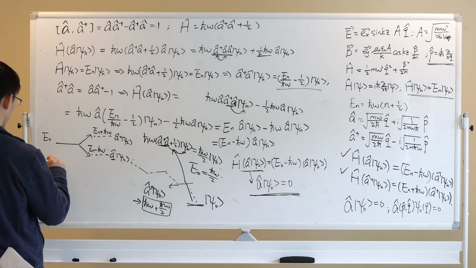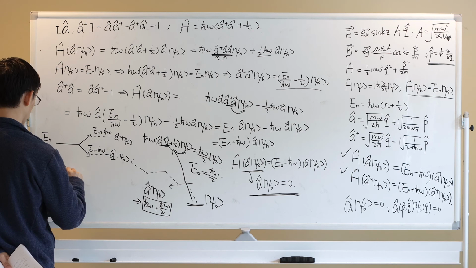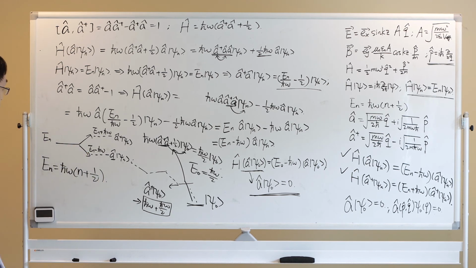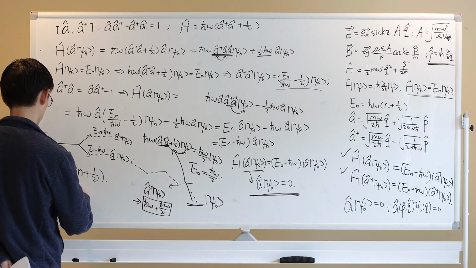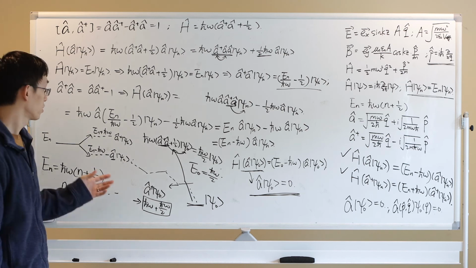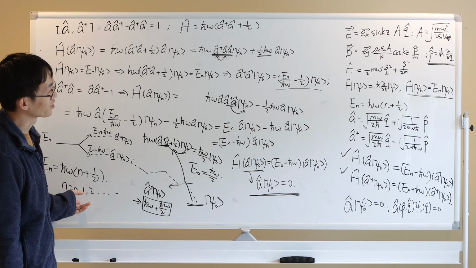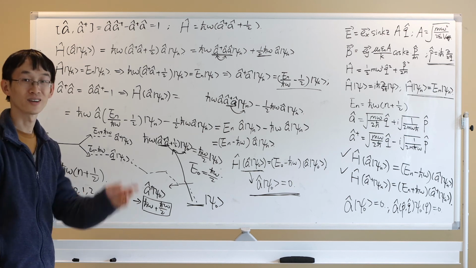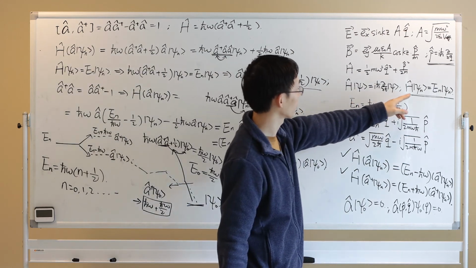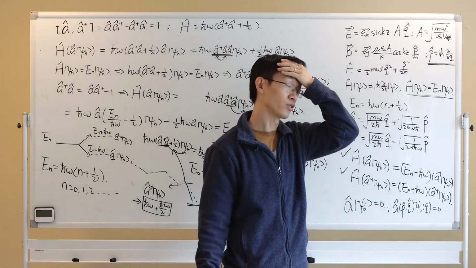Eventually what we will have is En equals ħω(n + 1/2), and n starts from 0, 1, 2. And this really is a linear algebra way to get your eigenenergy without going through the differential equations.